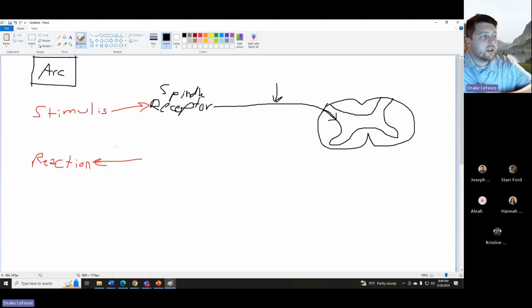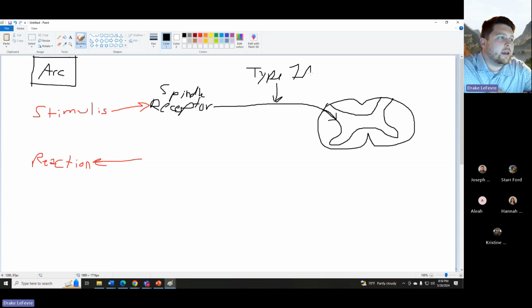So the type of neuron that's going into the dorsal horn, sensory, is going to be our type 1A sensory neuron. Okay? And we name these: there's type 1A, type 1B, technically a type 2. We don't go super deep into those. Don't worry about it all that much.